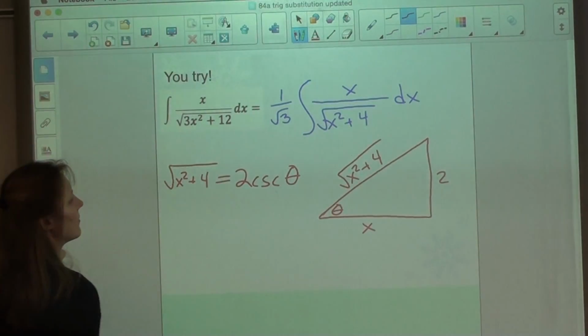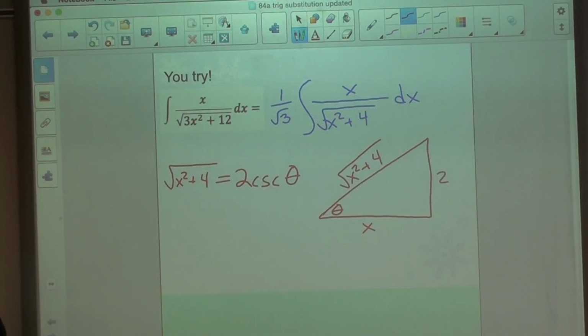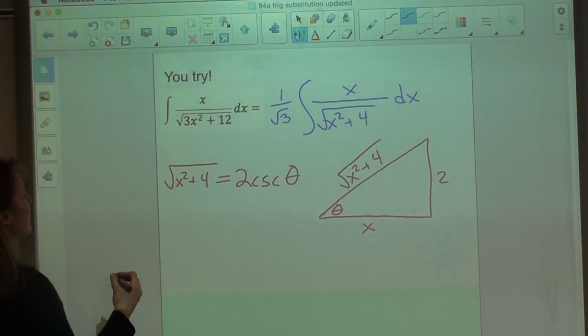Did you guys use cosecant? Just do 2 over sine, which is, alright.